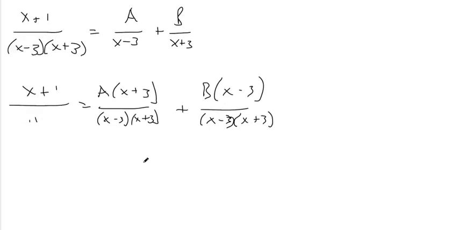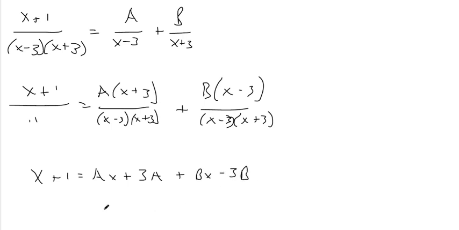Okay, and so in order to make these equations be true, since the denominators are the same, we just need the numerators to all equal one another. So x plus 1 needs to equal ax plus 3a plus bx minus 3b.